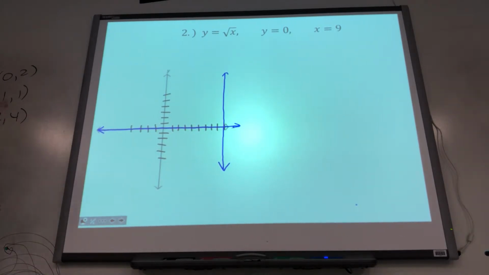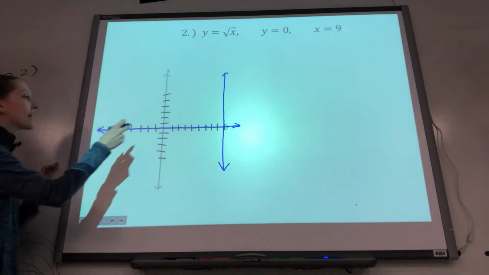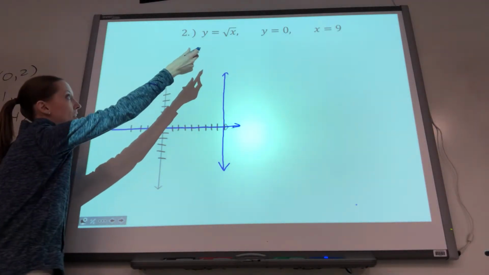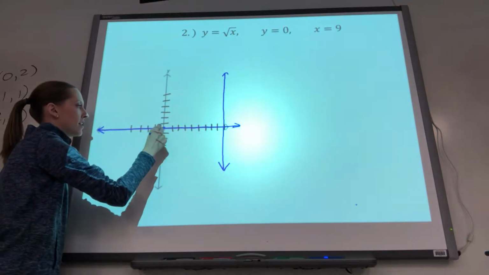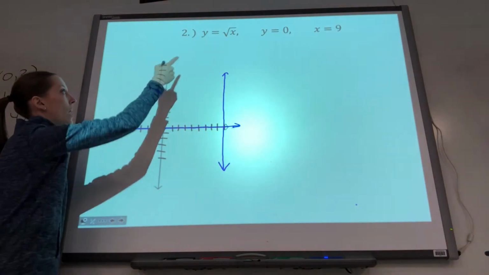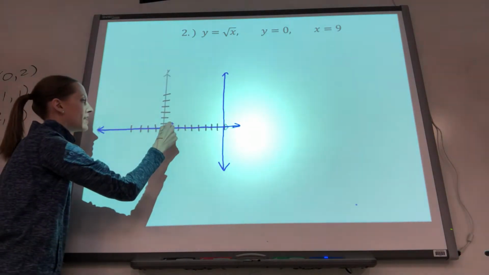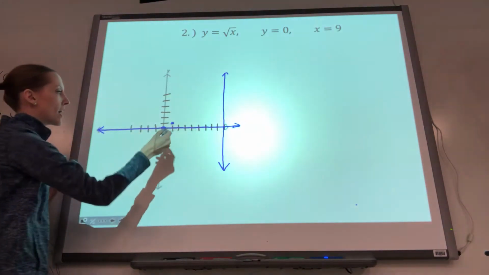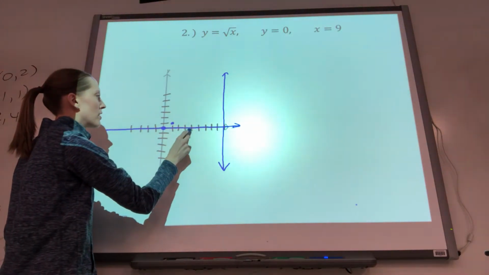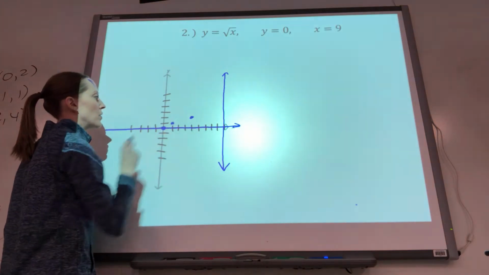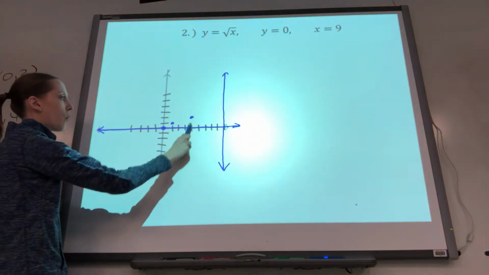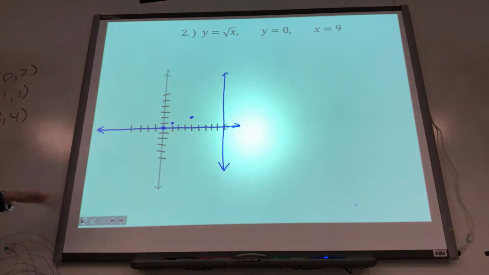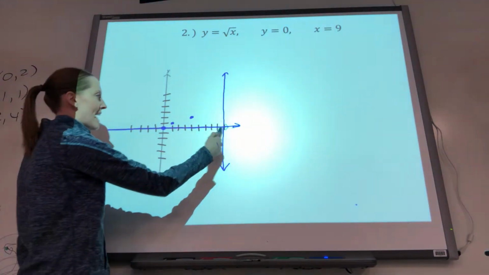Now the square root of x, I can graph that probably pretty quickly without my calculator. Put in a 0, you get back a 0. Put in a 1, square root of 1 is 1. Put in a 4, square root of 4, 1, 2, 3, 4, is 2. So that point is at 4, 2. And then I'll probably want to put in a 9 next.